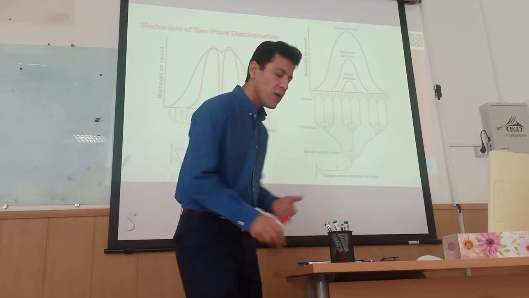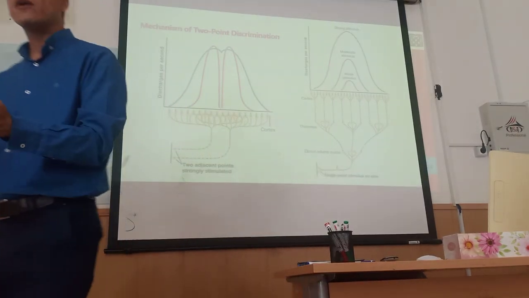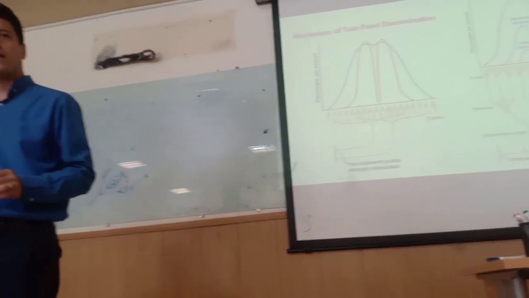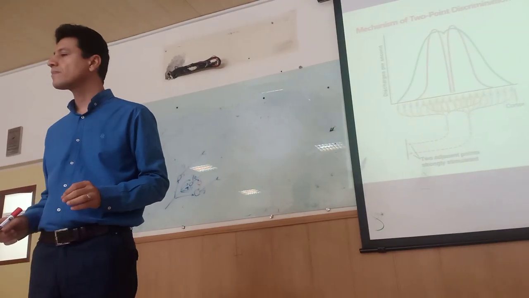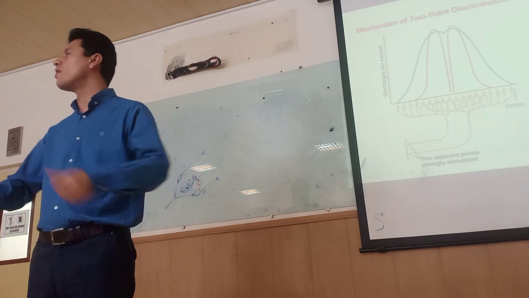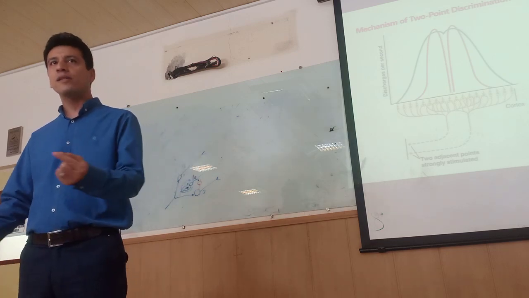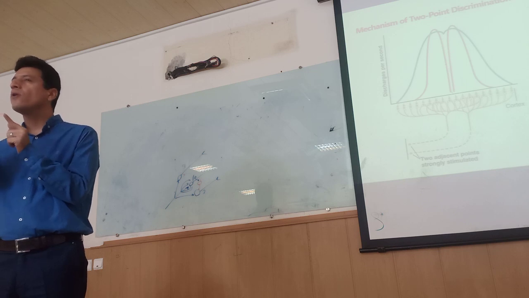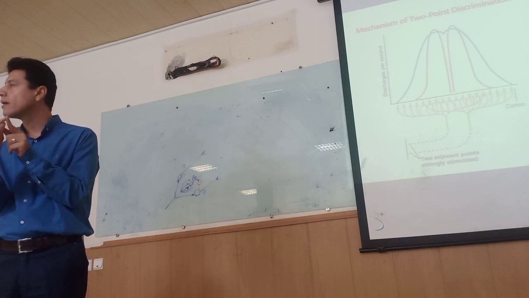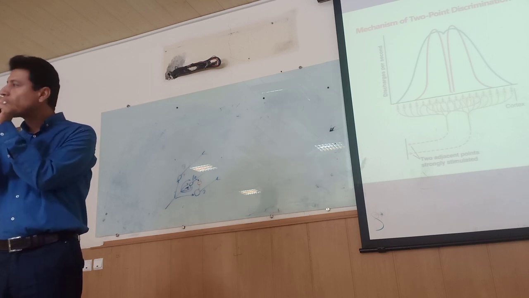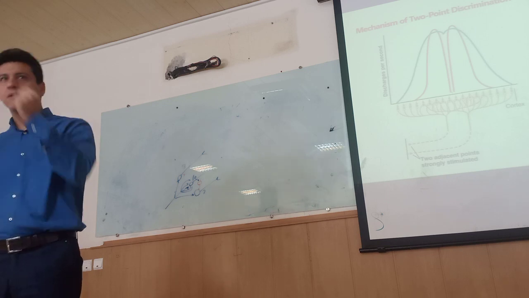2-point discrimination is highest at the tip of the fingers because we have a lot of receptors in the fingers, but it's lowest in, for example, the trunk, in the back. For example, if 2 points are separated by only 2 millimeters in the finger, we are able to feel them separately.